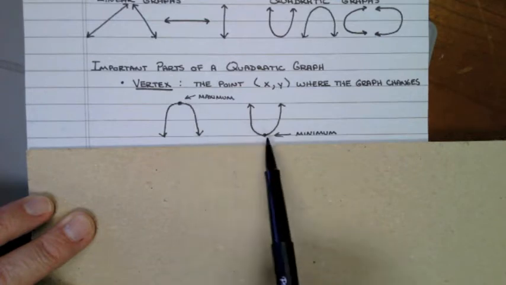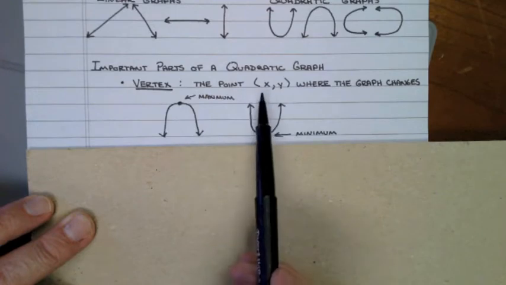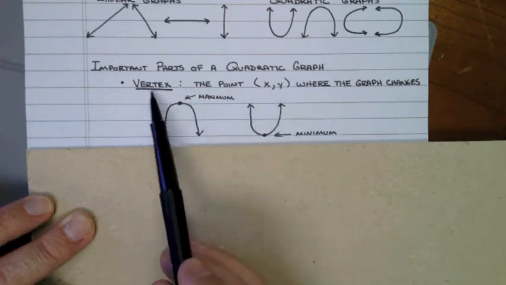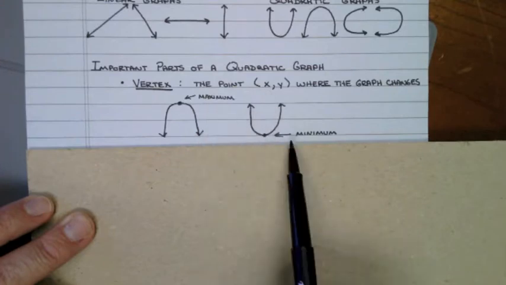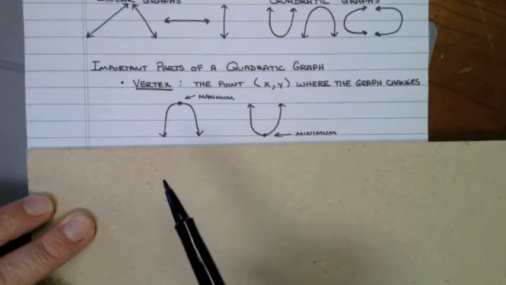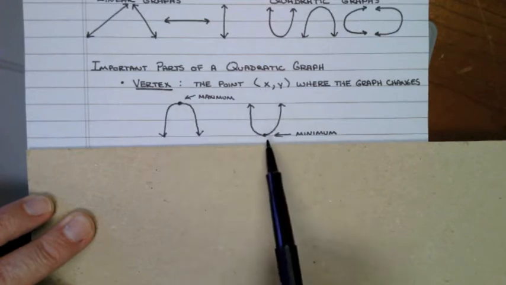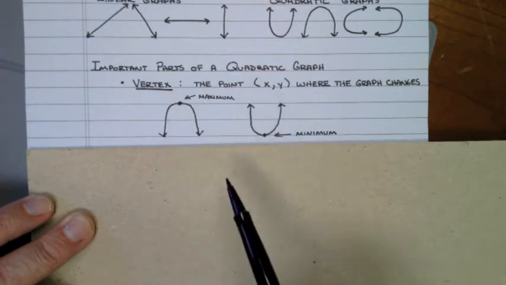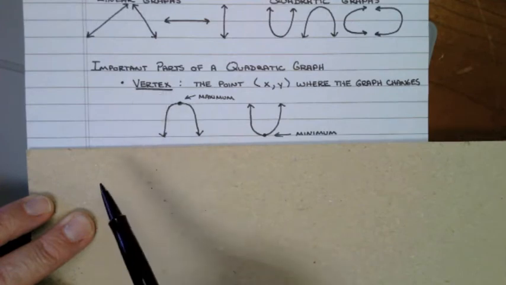And what they're going to want is either the value, meaning one number, or the point. And the vertex is always a point right here. If they're talking maximum and minimum, sometimes they only need one value. But if they're talking about the vertex, they want this specific point. They want the coordinates for that point. So the first important part of a quadratic graph is the vertex.